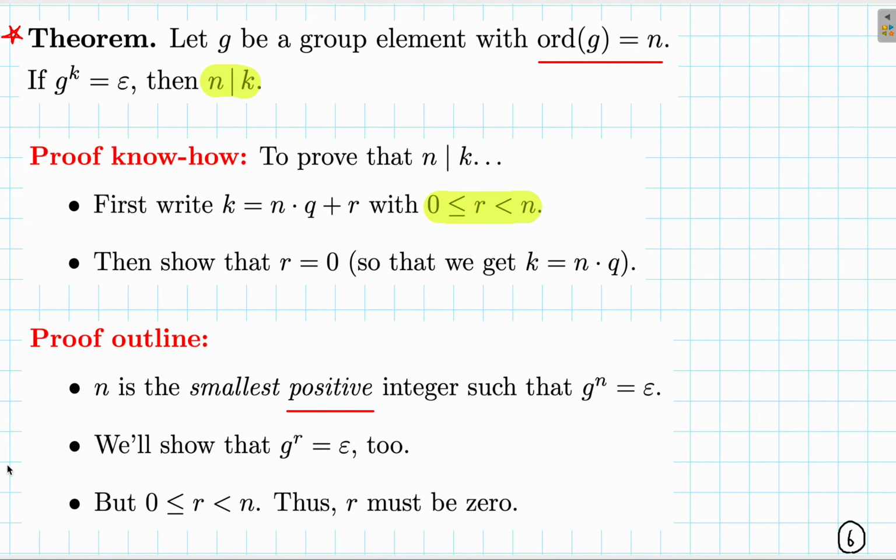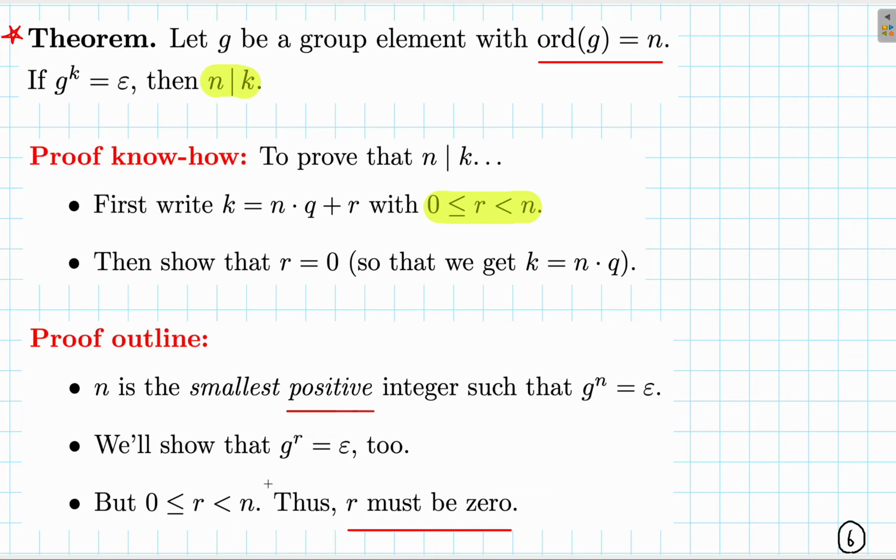Well, what do we know about r? It's less than n. We already used that. It's also non-negative. But we also know that r isn't positive. Well, the only integer that's neither negative nor positive is 0. And that's how we conclude that r must be 0.